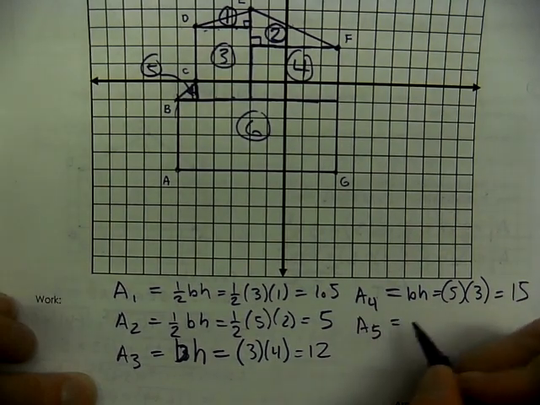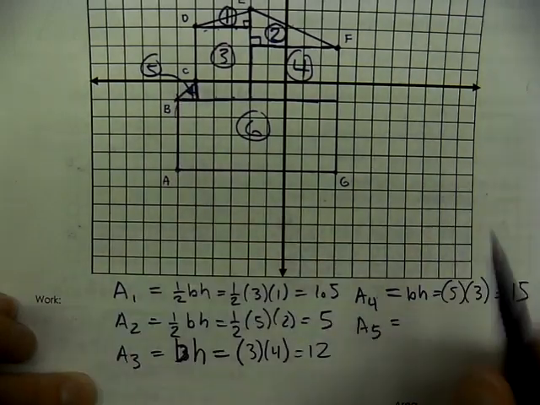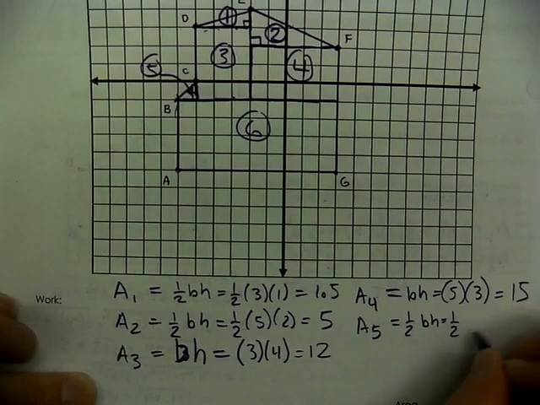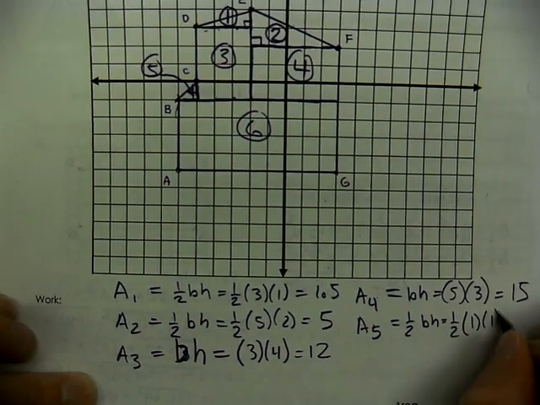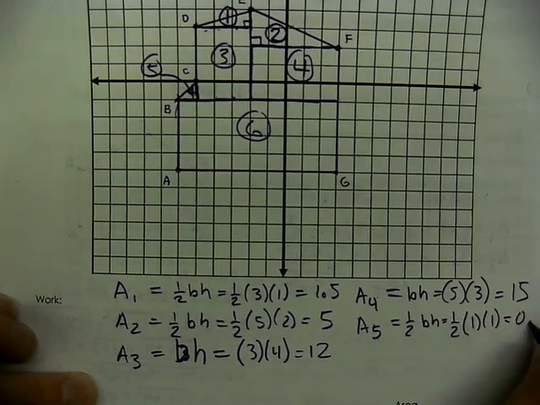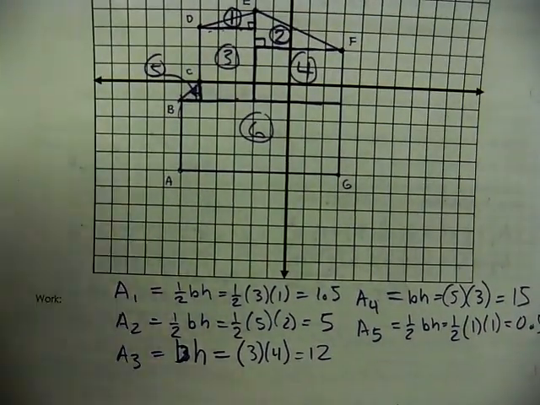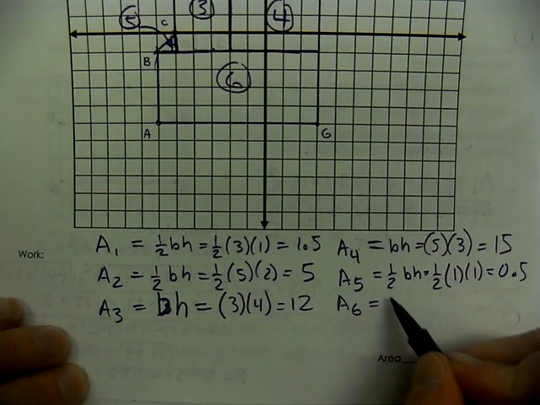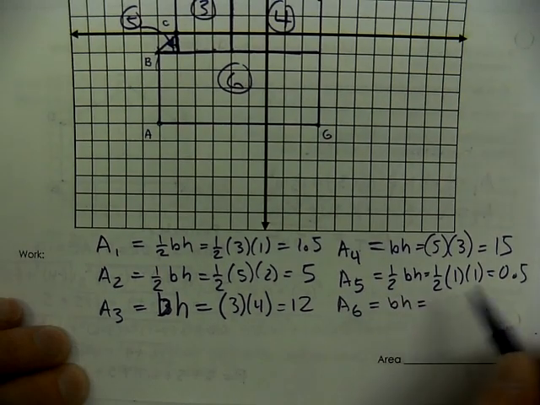Area of region 5, okay, so that's a very tiny triangle. That's 1/2 base times height. So 1/2 times the base of 1 times the height of 1 means you have an area of 0.5. And then our 6th and final region, another rectangle, base times height.